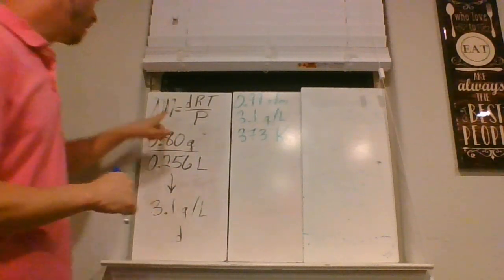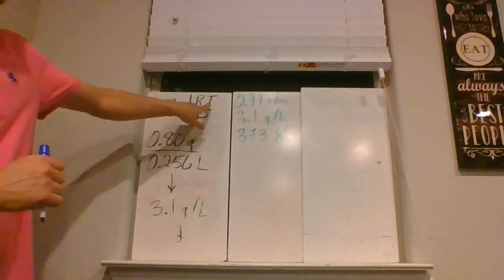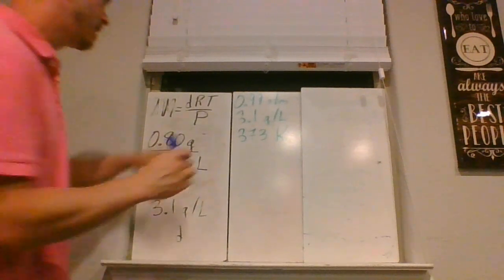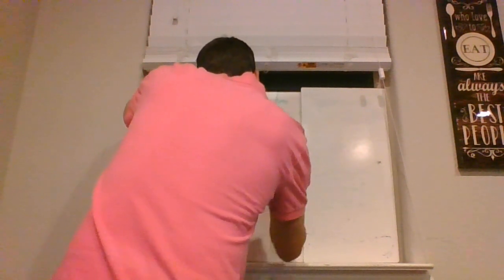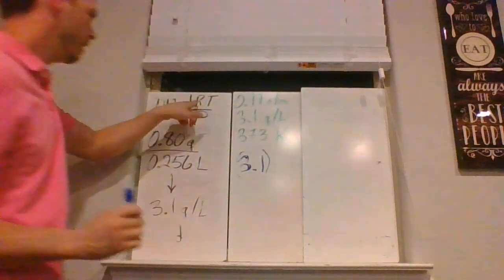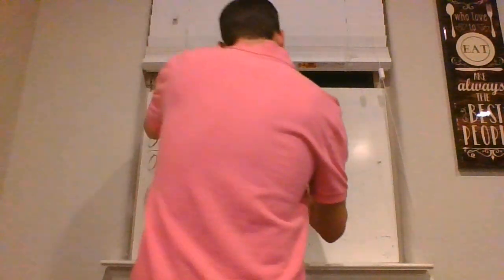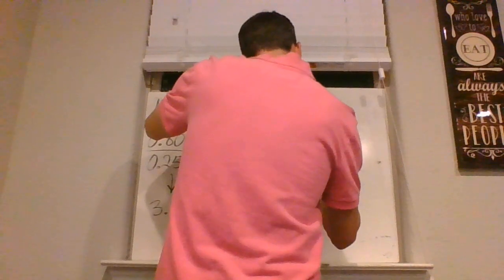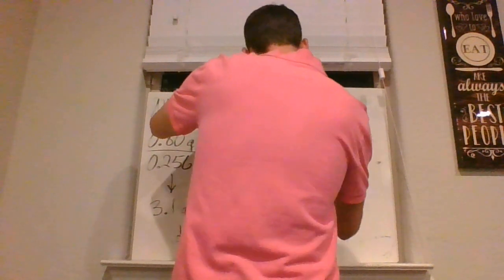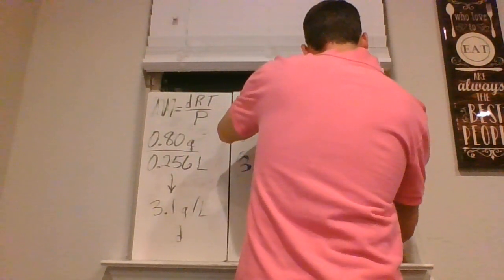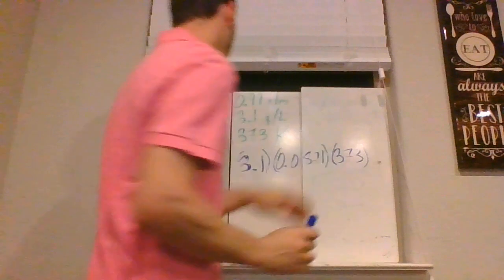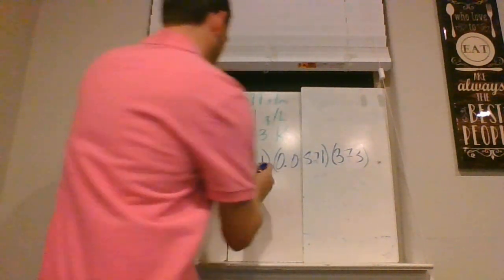All right, so in order to find the molar mass, we need to put the D over the P. So let's take our D of 3.1, times R of 0.0821, times my temperature of 373, and all of that over my pressure of 0.99.